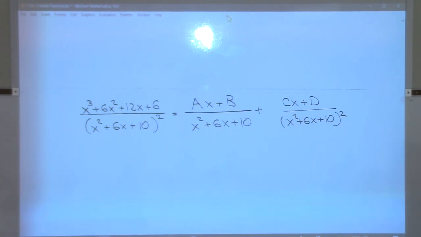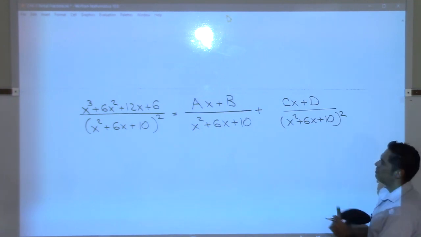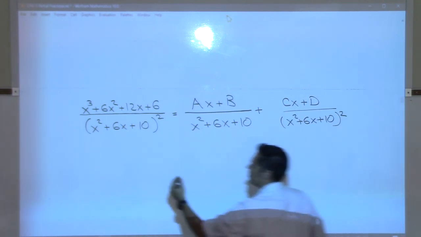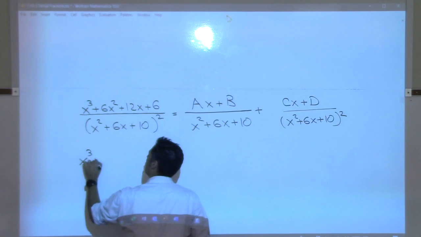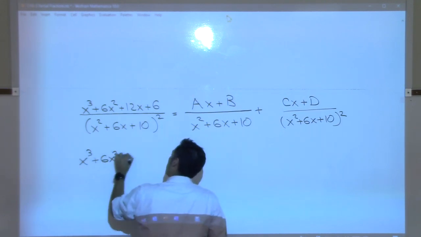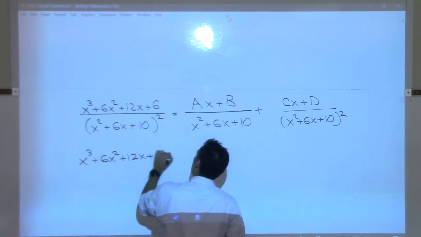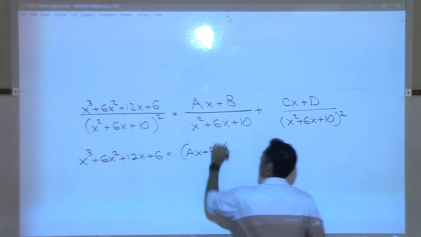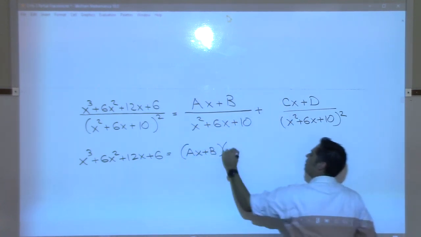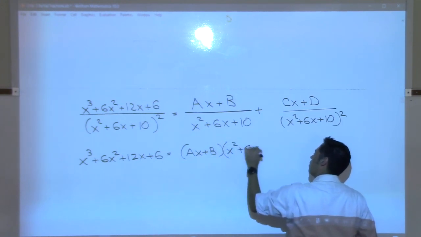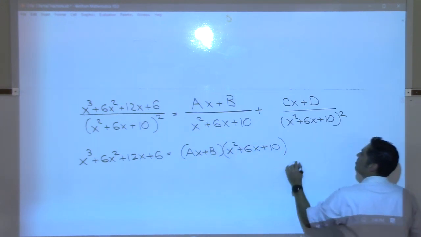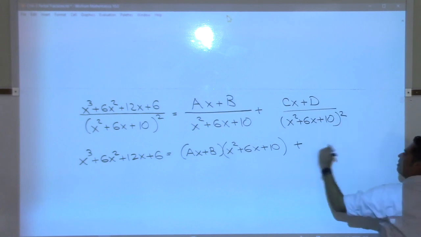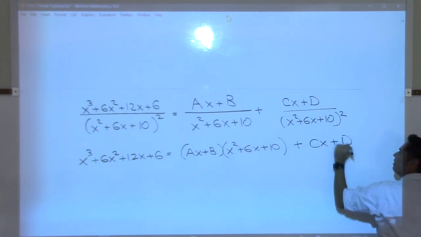You would have to now clear, like LCD on both sides, right? So it would be x cubed plus 6x squared plus 12x plus 6 equals, we're going to have the Ax plus B times x squared plus 6x plus 10, and then plus, all you have is the Cx plus D, right?